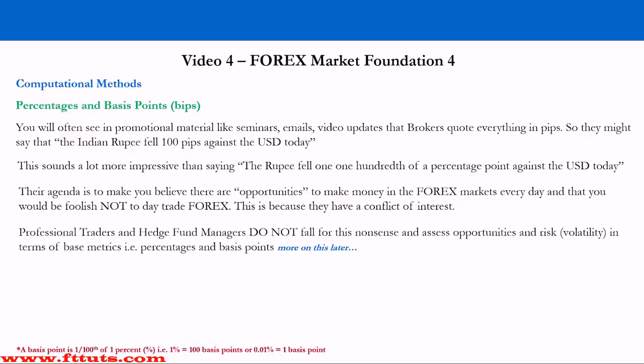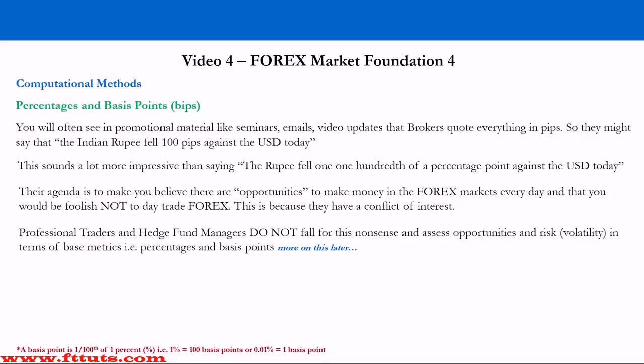It sounds like a much bigger move than saying the rupee fell 1/100th of a percentage point against the US dollar today. And that's because their agenda is to always try and make you believe that there's opportunities to make money in the Forex markets every day, and that you'd be a fool not to trade Forex or even day trade it. And that's, as we know, because they have this structural conflict of interest.